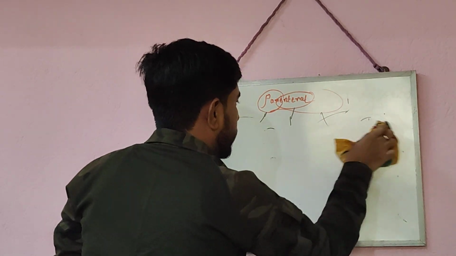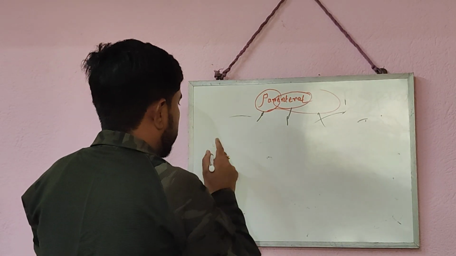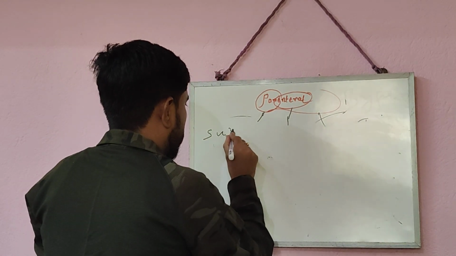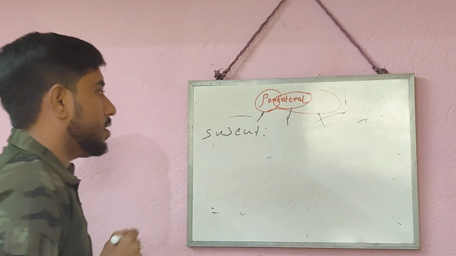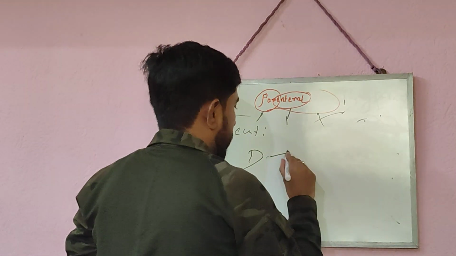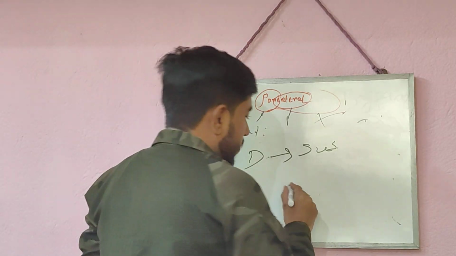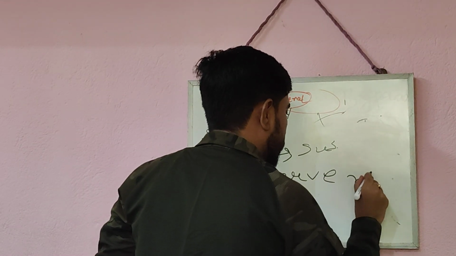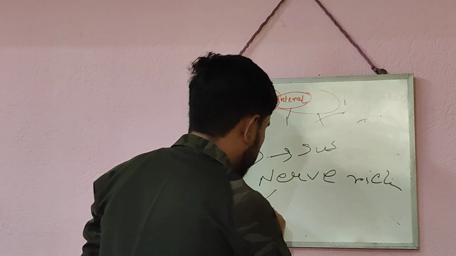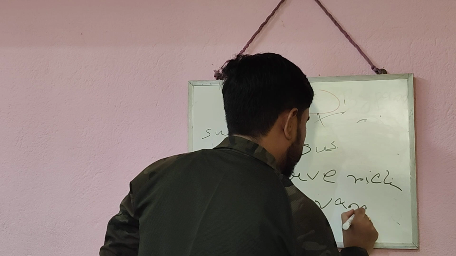The last and important route we are going to use for parenteral drug administration is subcutaneous. The drug is generally injected or infused directly into the subcutaneous part of our skin, where different types of nerves are present. They are nerve-rich, but they are less vascular.